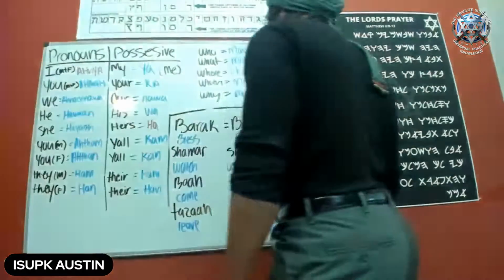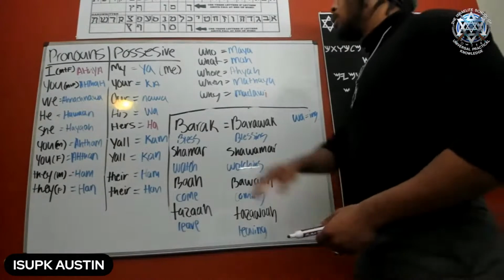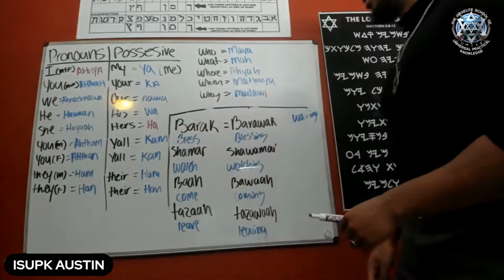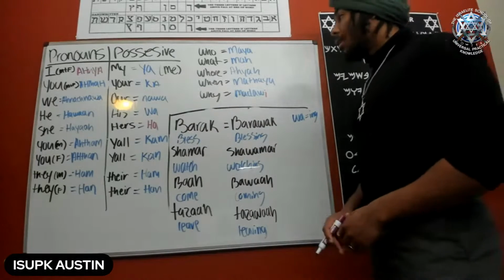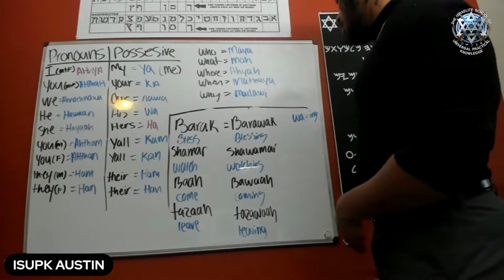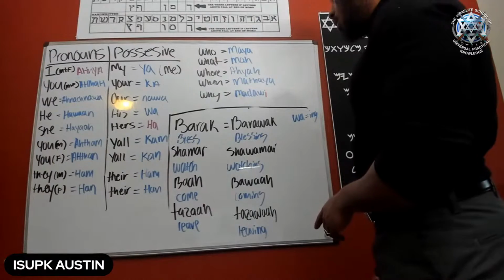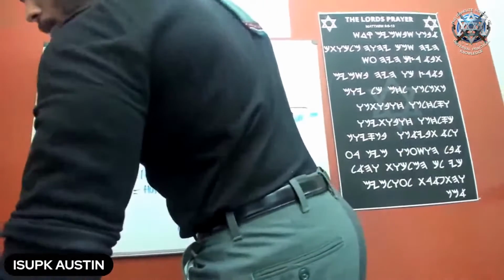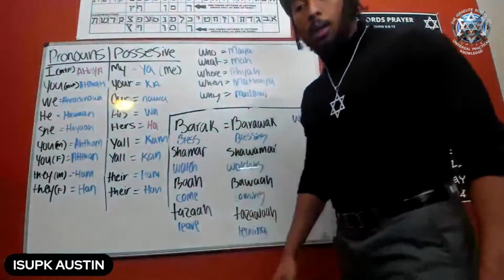All right. Like I said, just going over last class, a quick breakdown. So we use the possessive at the end of a root word. For example, I really don't want to erase anything right now. Let me see what I can erase. We're going to erase the who, what, when, and where.